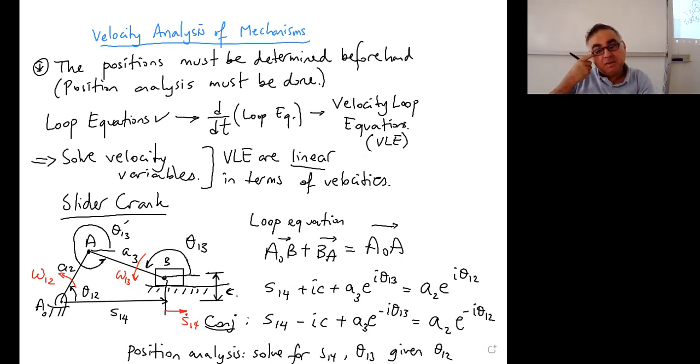Okay. The problem is it can be done. Actually, we have done that, but it requires, as we have said, solving nonlinear equations. Here we assume that theta 13 and S14 are given.